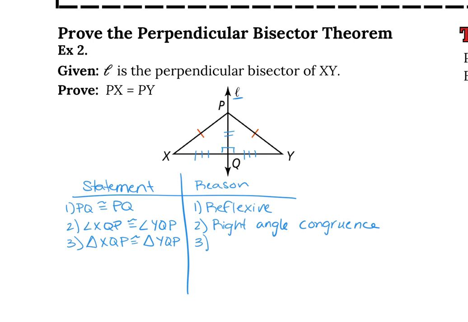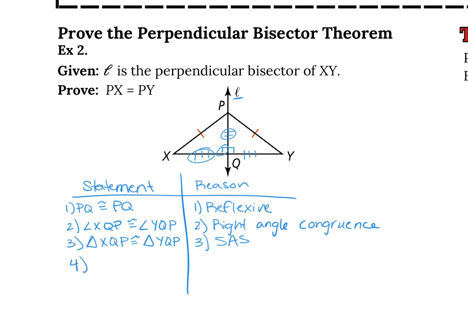So we now have a side, an angle, and a side to prove the triangles. So side, angle, side. We also have side, side, side, so we could use side, side, side to prove it.